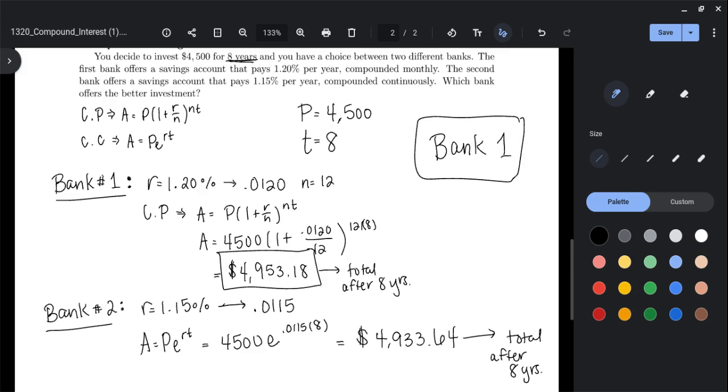Now, this could change if you're looking further into the future. If you were asking to decide for your investment of $4,500 after 20 years or 30 years. So make sure that you are answering what the question is asking. So this says for 8 years, so that's all we're going to test is which account has the most money after those 8 years.